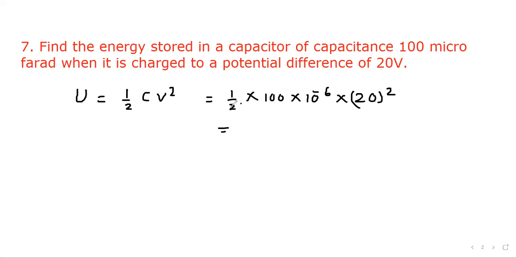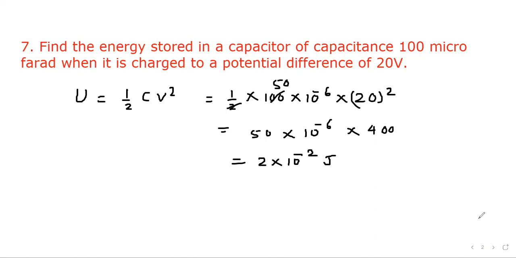So this will become 50 multiplied by 10 to the power minus 6 times 400. On simplification, we will get 2 into 10 to the power minus 2 joule.